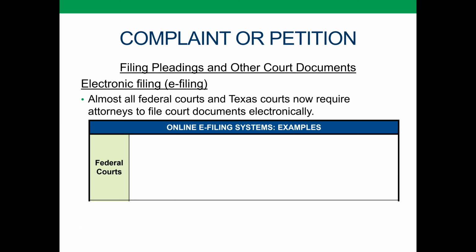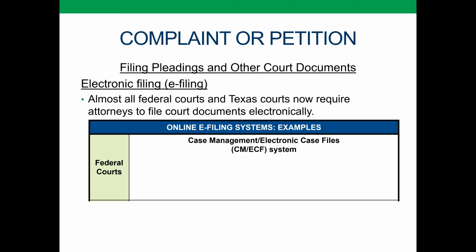Now, some courts will make exceptions for parties that don't have attorneys. We call them pro se parties because they're acting on their own behalf. They chose not to hire an attorney. Sometimes courts will allow those parties to still file on paper.